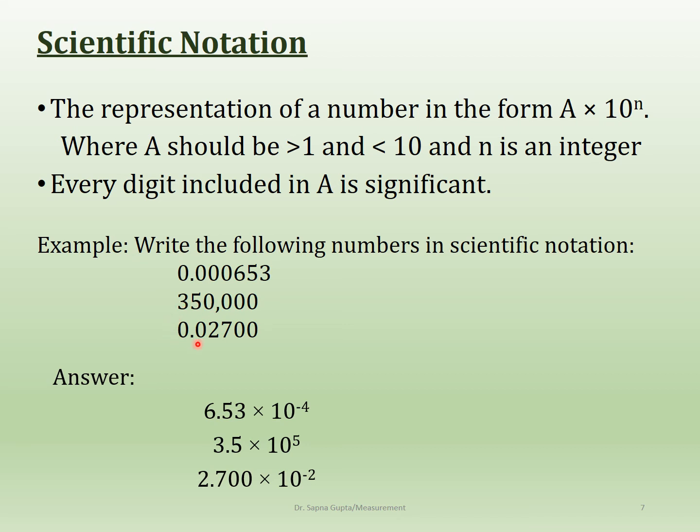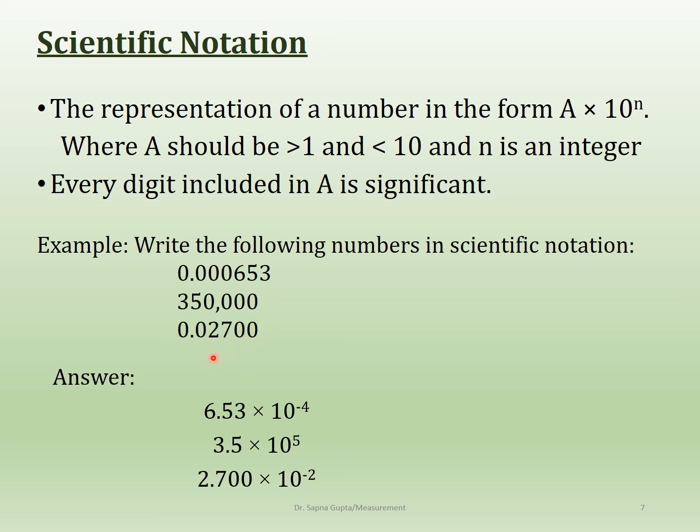And then this number here, 0.02700, this one is less than 1. These zeros are not going to be important for us because the key thing is coming down right here to 2.7. But because these zeros are written over here, we're going to go ahead and keep them. We didn't keep these zeros, but we'll keep these zeros. And I'll talk about this when we get to significant figures. So we'll keep these zeros.